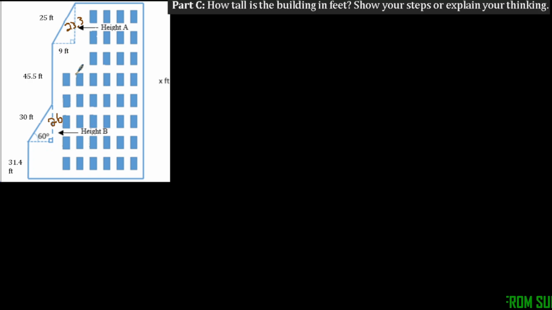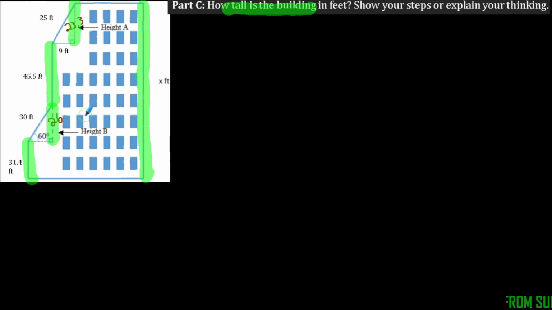And we have all the other heights because if we think about it, this side length x, which is what we're solving for because it says how tall is the building in feet, that whole side length is what we're solving for. And if you think about it, this side length is going to be equal to these side lengths added together. So we have that one, and that one.